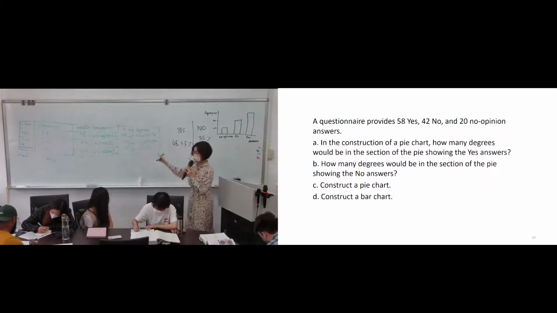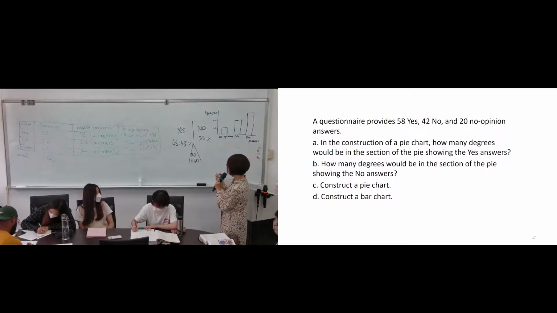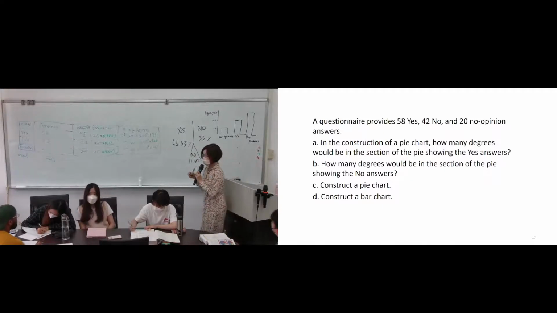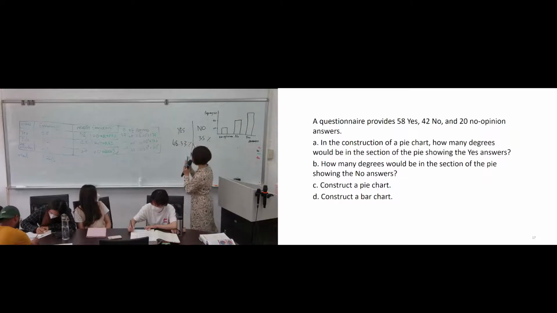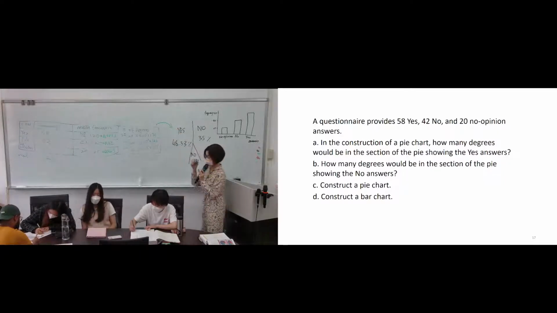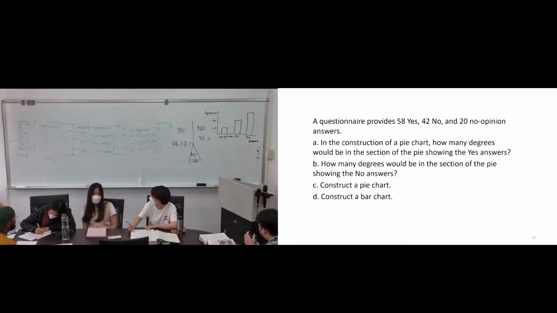And this one is 60 degrees. Okay, so according to the table summary, then we can draw the pie chart. And then we specify each of them.